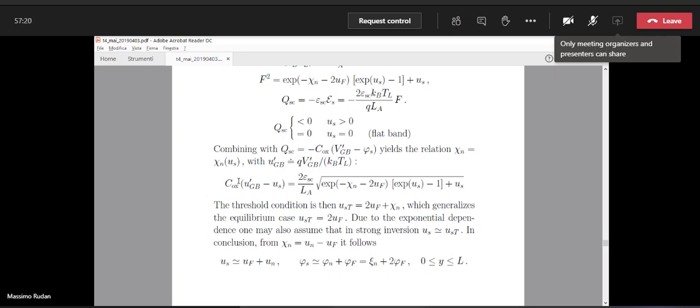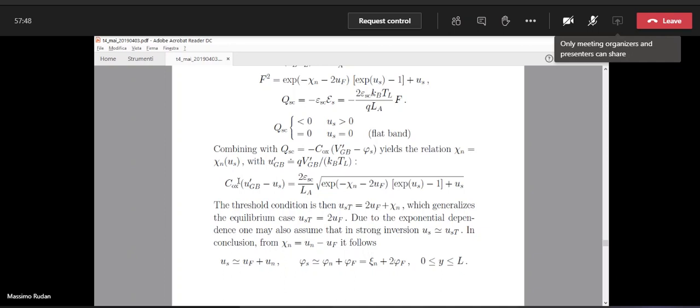So the conclusion of this is when we reach the threshold, if we keep increasing the gate voltage, the surface potential does not increase too much, because even a very small increase of it is able to produce a large increase in the exponential of US, so to compensate the variation of the charge of the left-hand side.